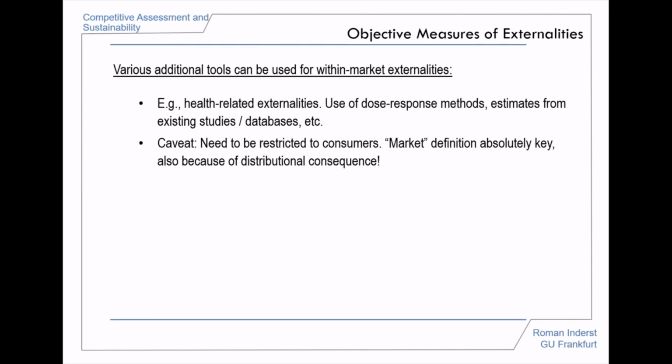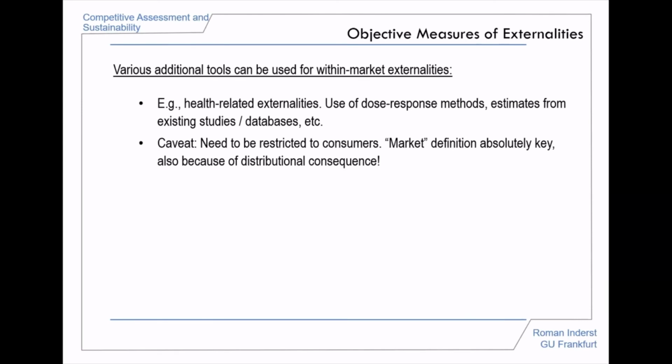But it's very important to keep one thing in mind: these are typically values measured as if we want the effect on the whole society. If we're interested in the effect on consumers, we have to recalculate this.